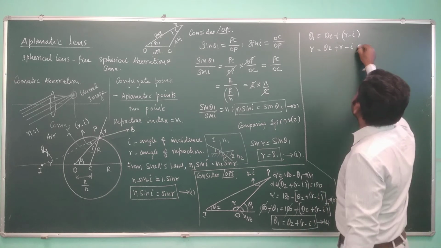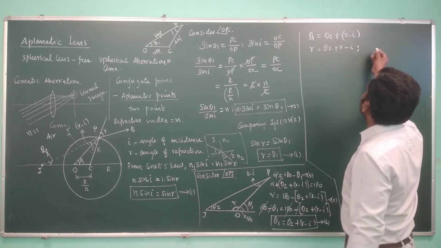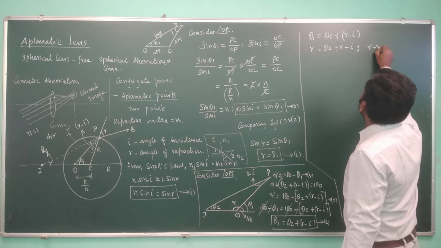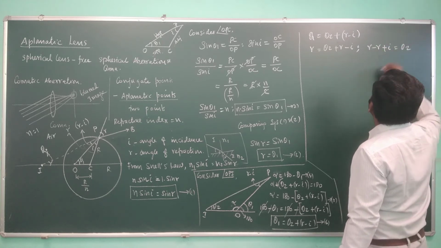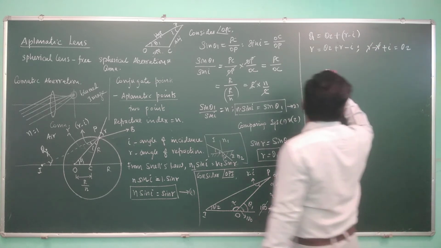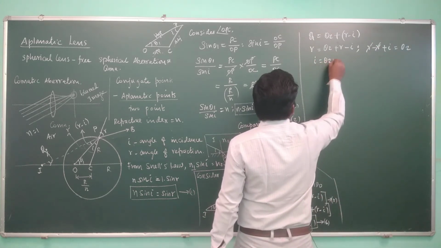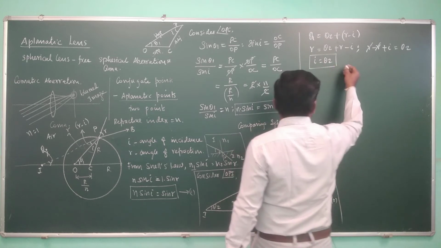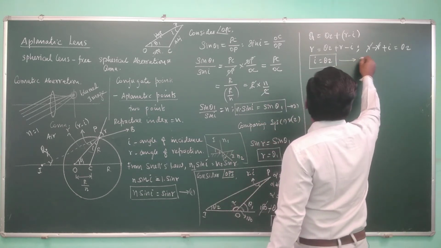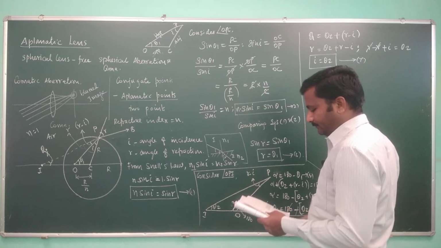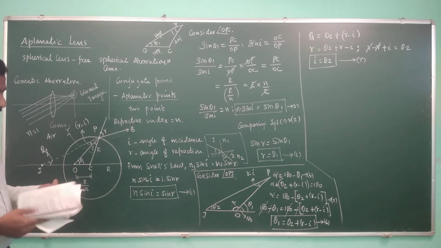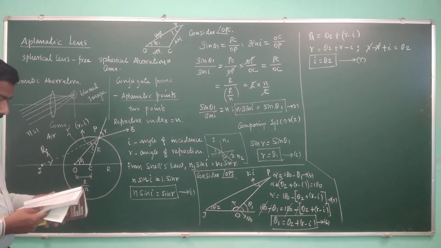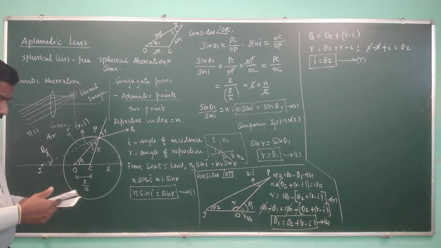You can bring this to the left side: r minus r plus i is equal to theta 2. R will cancel out. So we have i is equal to theta 2. And this is equation number 7. I equal to theta 2, or theta 2 equal to i. Fine.